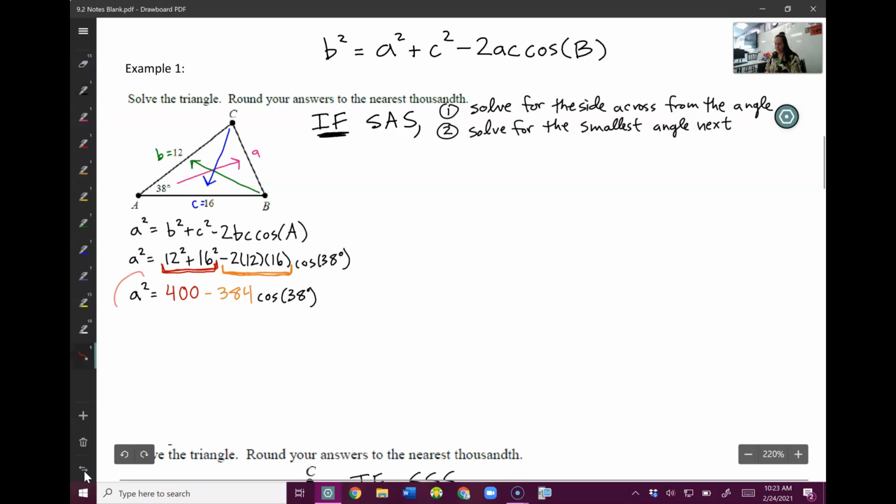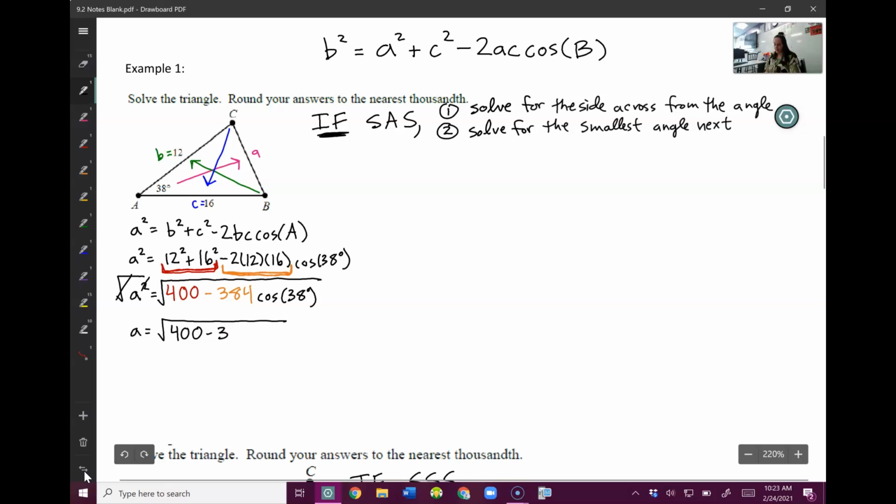Now, if I look at this, I haven't actually solved for a yet because a isn't by itself. So to solve for a, I need to get rid of that square. To get rid of a square, I need to square root it. But then I have to do it to both sides. So now a is finally by itself.